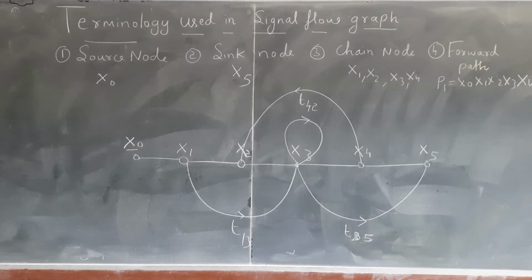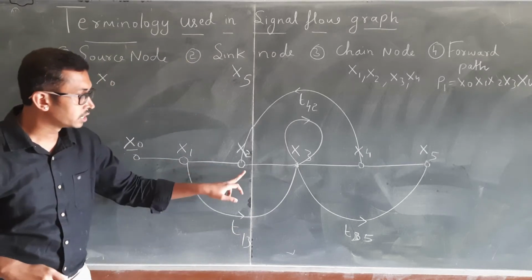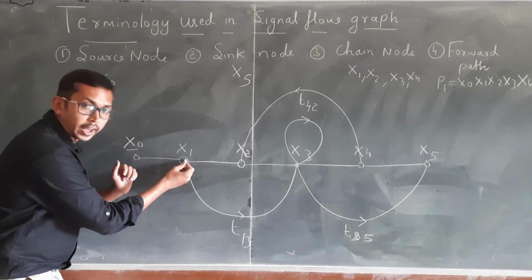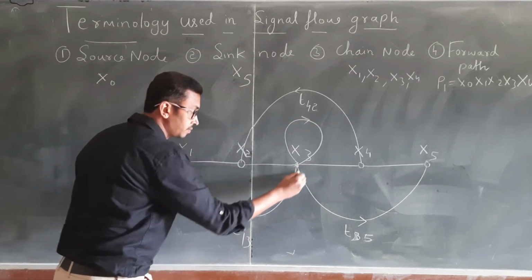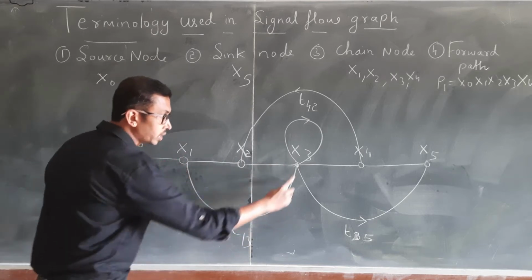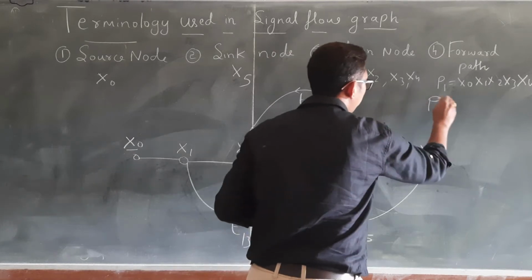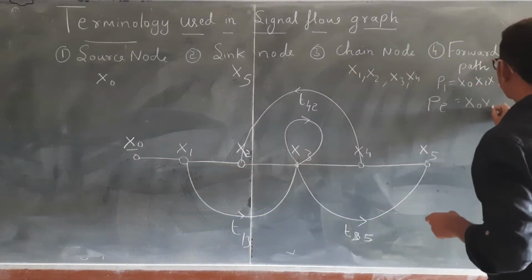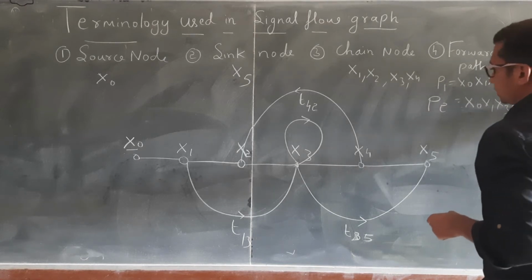There are other paths too. From x1, I can go to x3 with the help of this signal: x1 to x3, then x4, x5. This is path number 2: x0, x1, x3, x4 and x5.